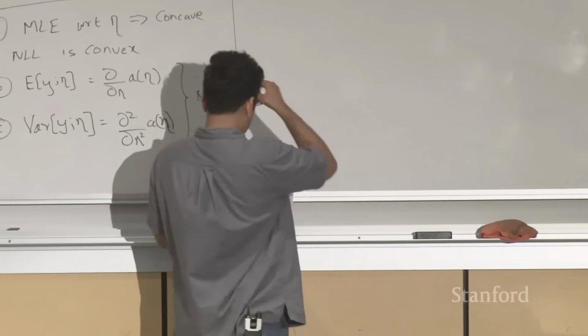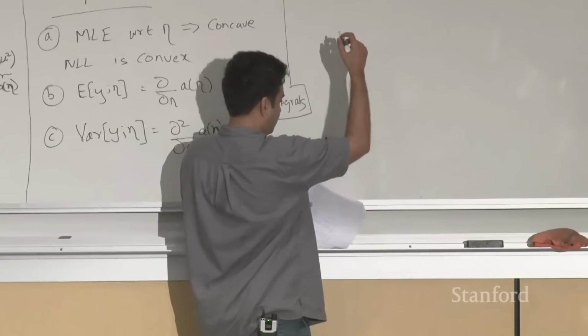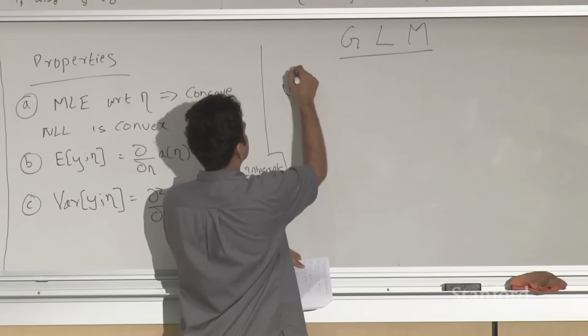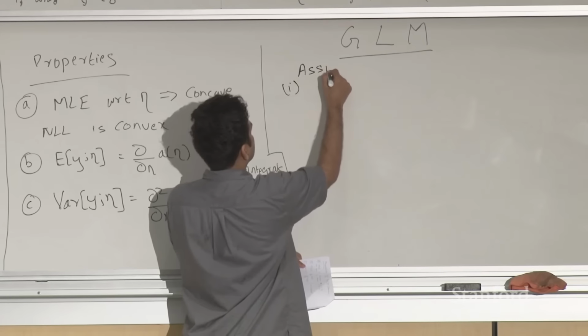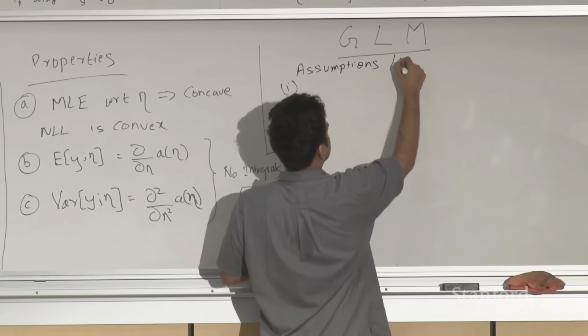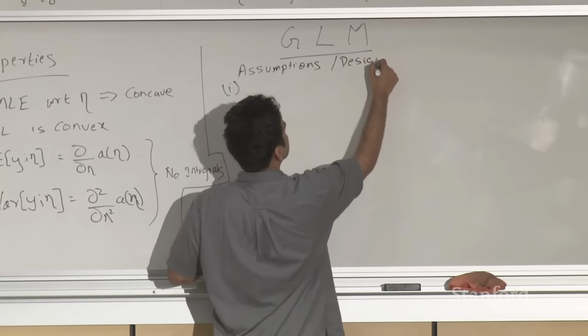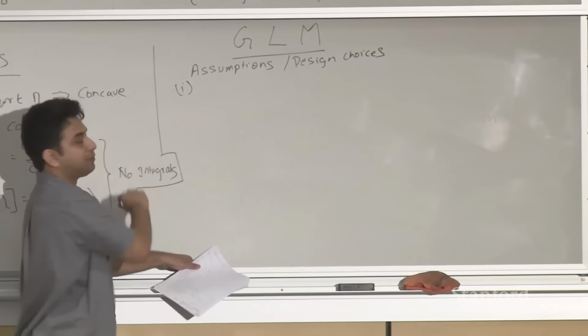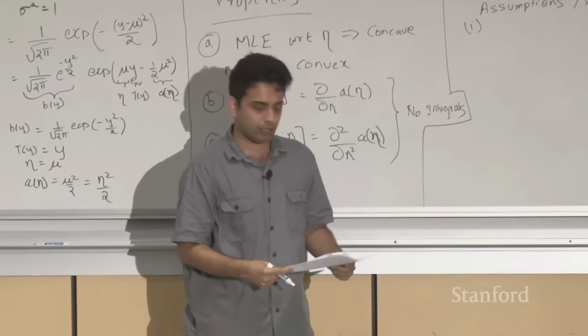So the assumptions we are going to make for GLM are the assumptions or design choices that are going to take us from exponential families to generalized linear models.